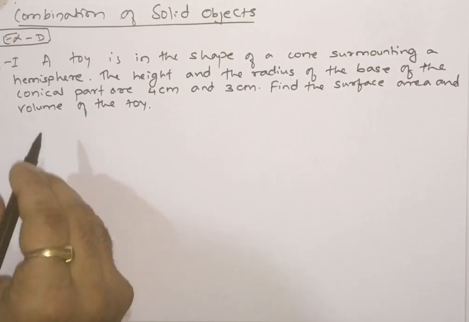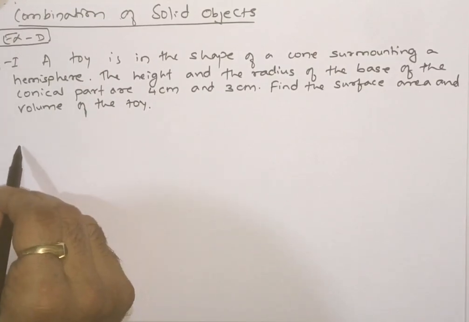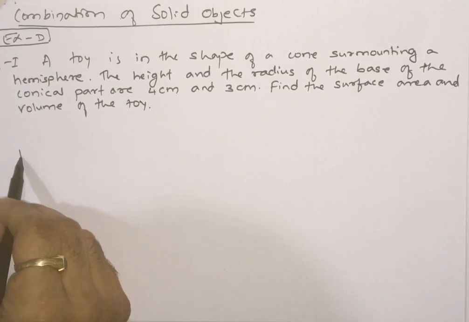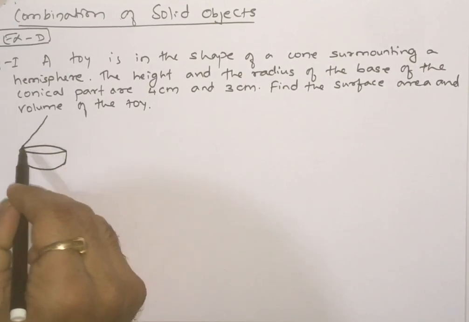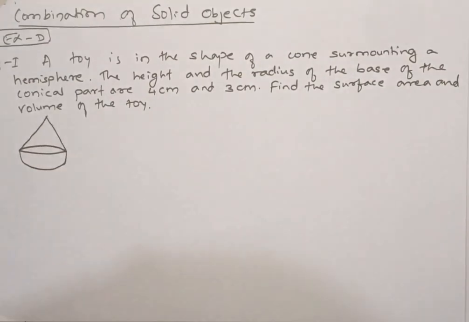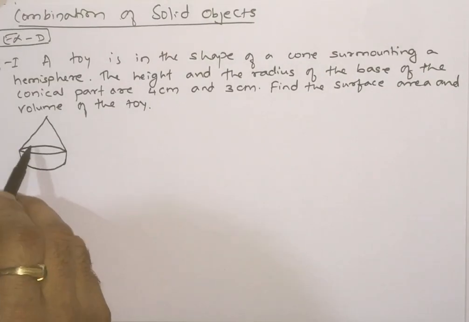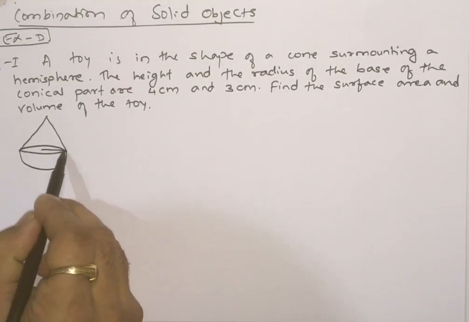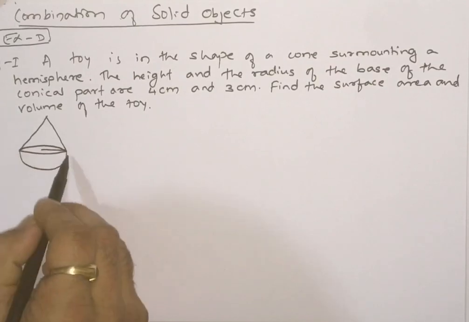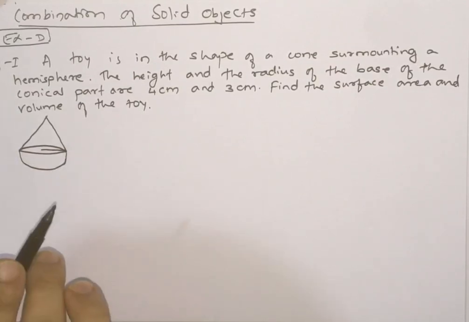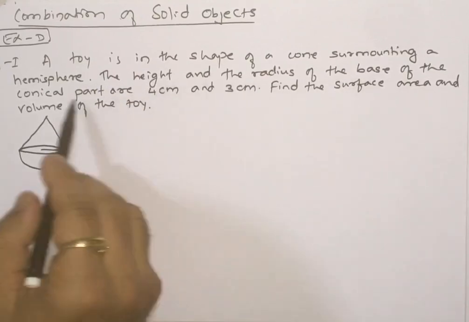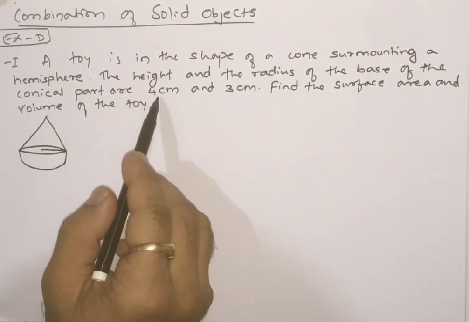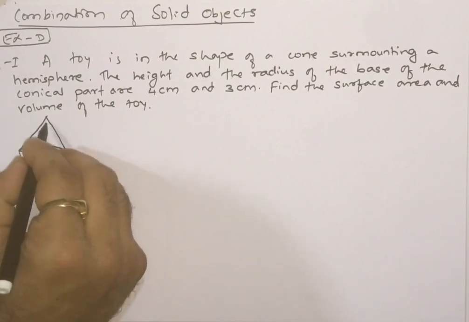So what is the shape of the toy? This is a hemisphere, and on this hemisphere a conical part is surmounting it. Surmounting means the radius of the base of the cone and the radius of the hemisphere are the same.